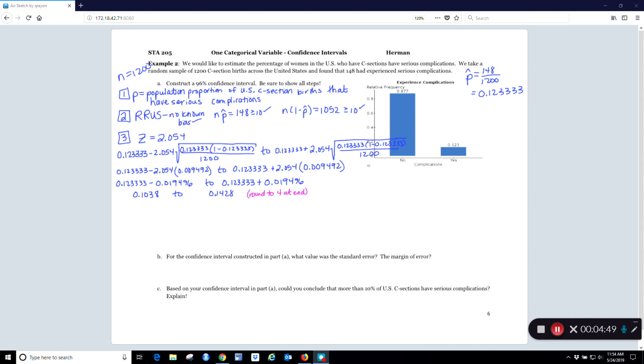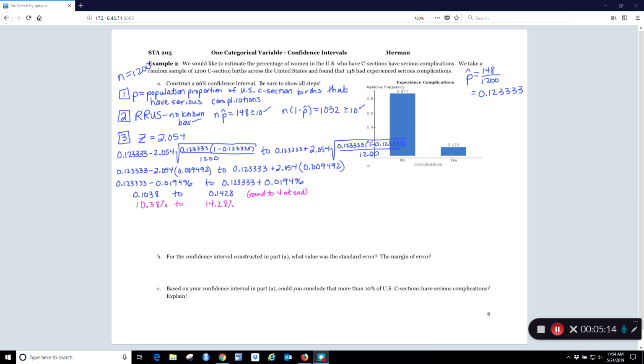And then finally did our subtraction and our addition with rounding those to 4 decimals. Got those values. All right, the last step is just doing the interpretation. Usually before I do that, I change these to percentages by just multiplying by 100%. So this would be 10.38% to 14.28%.